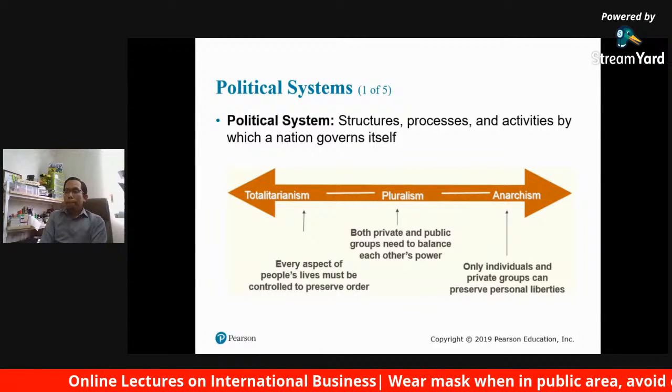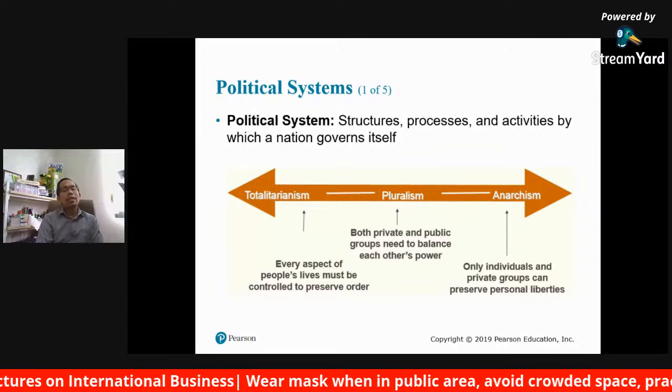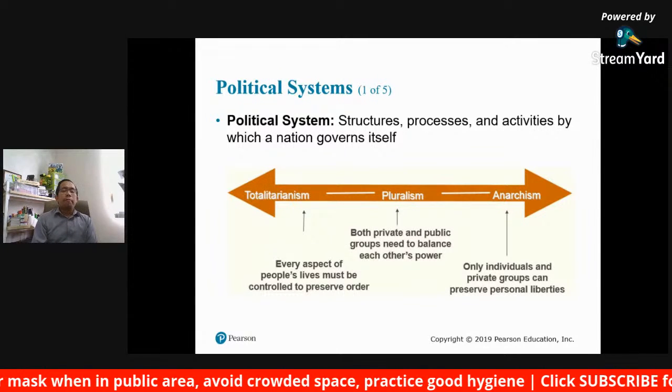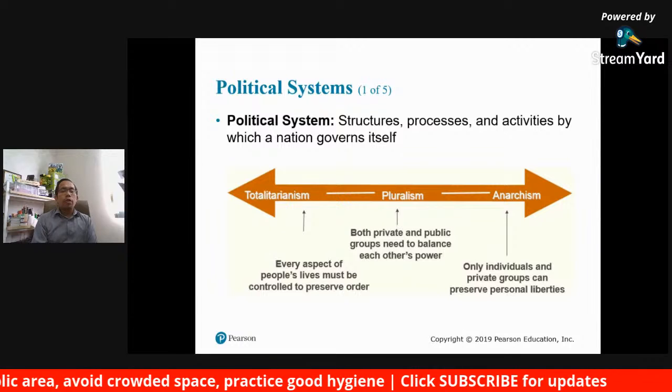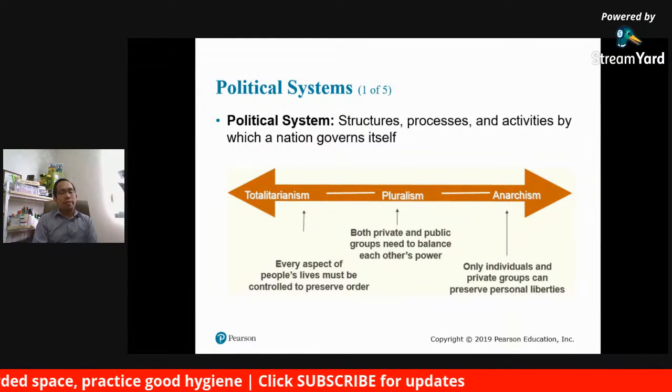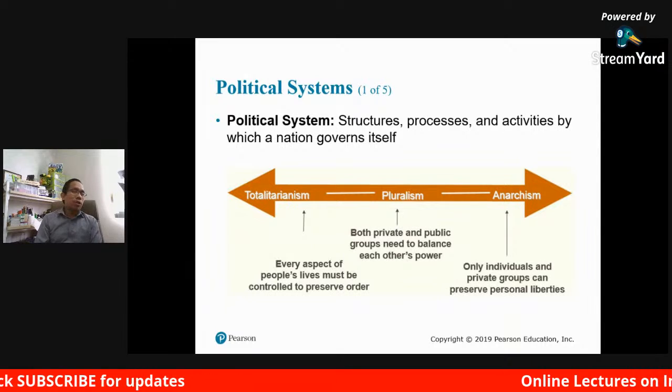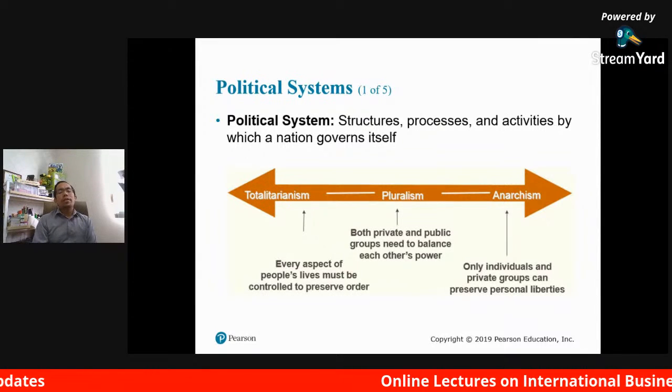In this world, we have three types of political system. The first one we call totalitarianism, which you can describe by its own word.